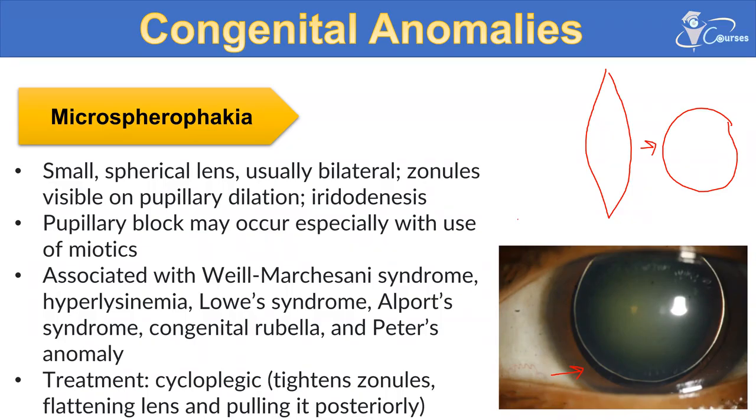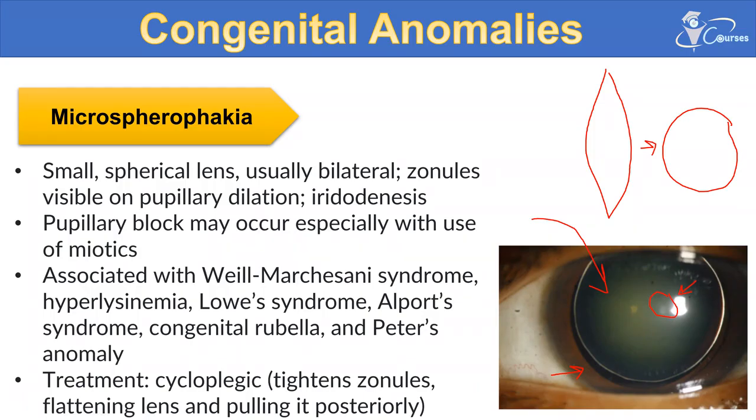The most commonly asked question here is the pupillary block. You can see that this lens, since it is small, can jump very freely into the anterior chamber. So for those patients, if you try to give them miotics, making the pupil small, then this lens will be adherent to the small pupil, causing pupillary block, leading to angle closure glaucoma.